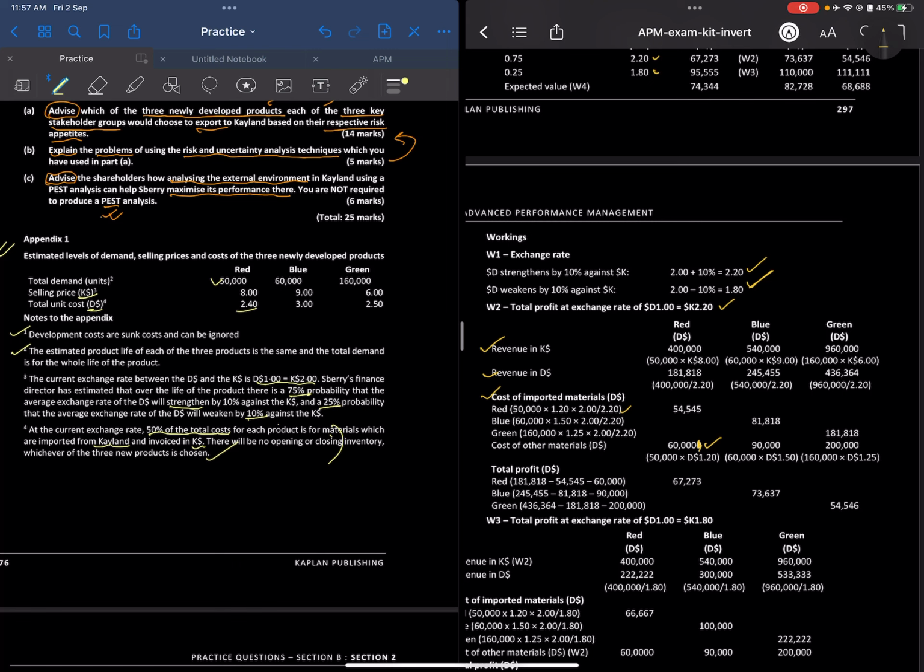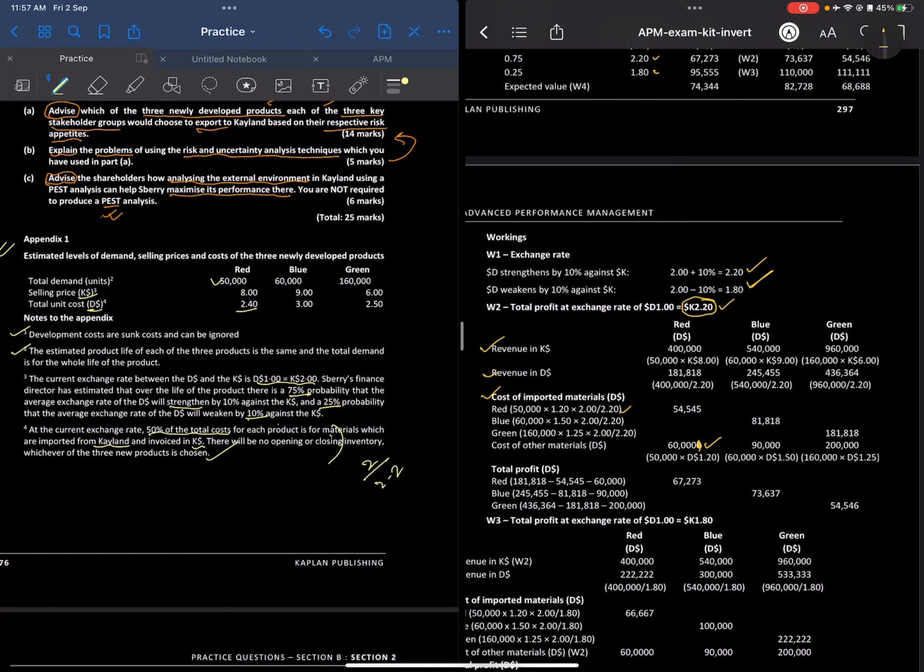But now what's happening? Since the rate has increased, $1 is equal to more, so we are importing more of it. So we are only paying $2 divided by 2.2.